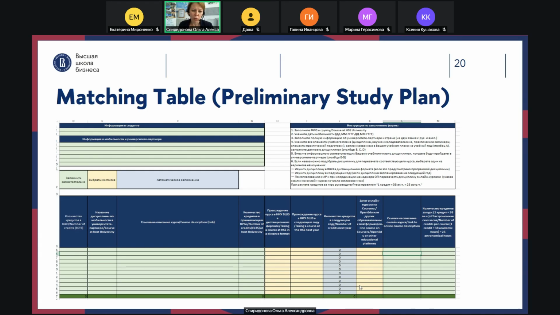Maybe you have the description link. If they don't have any description, then write just the name of it, and you'll show the description later when you have it. After that, in the next columns, you write the credits in our university and the course that you replace in our university.